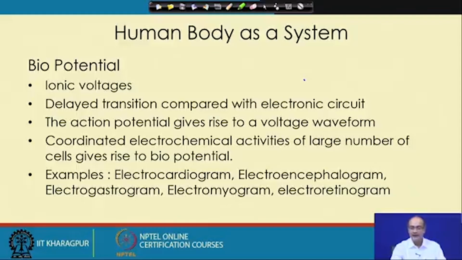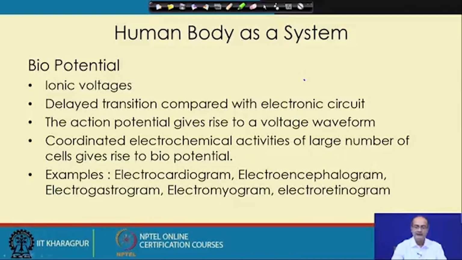So if we try to measure or record that activity, we need a certain amount of power, and that is possible only through the coordinated activity of a large number of cells.